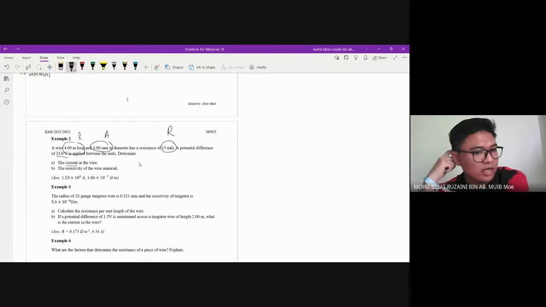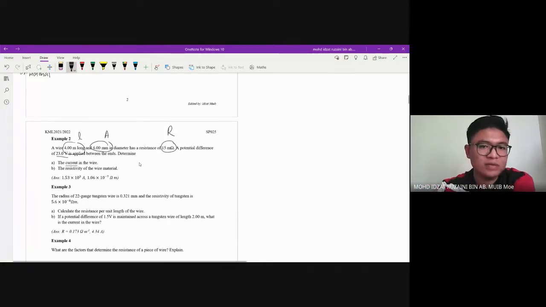So in order to calculate your current, kamu hanya perlukan apa? Kamu hanya perlukan V dengan R kan. So V equal to IR lah kan. So I is equal to V over R equal to 23 divided by 15 milliohm.